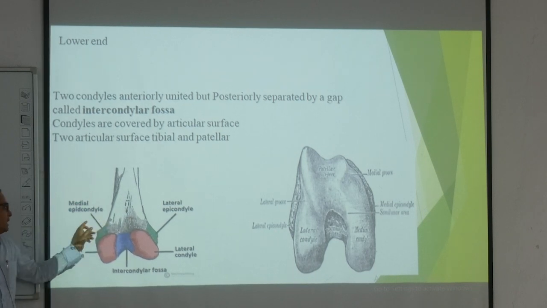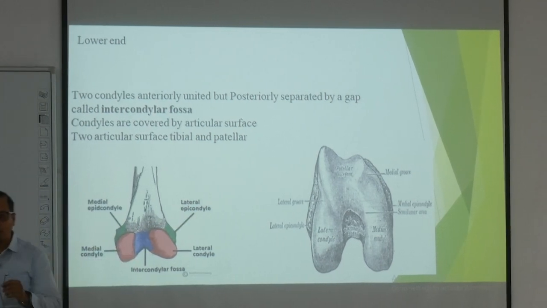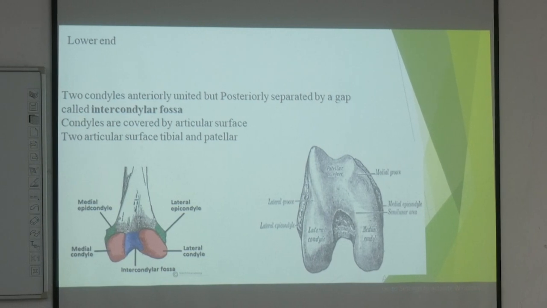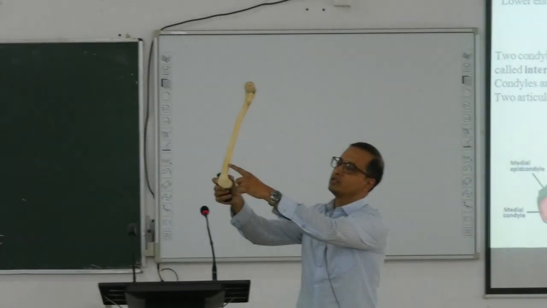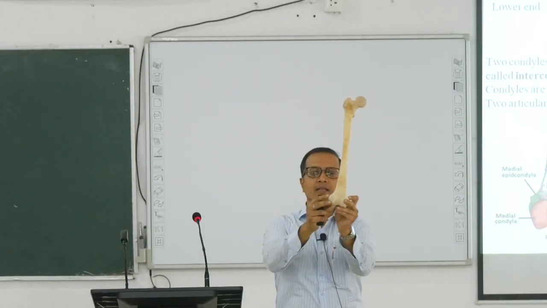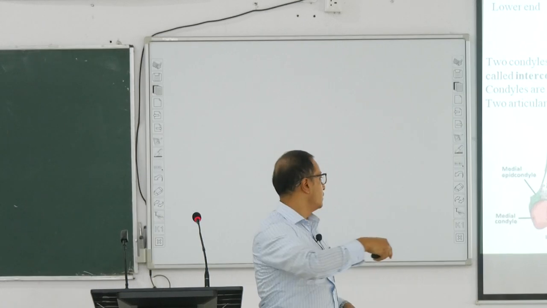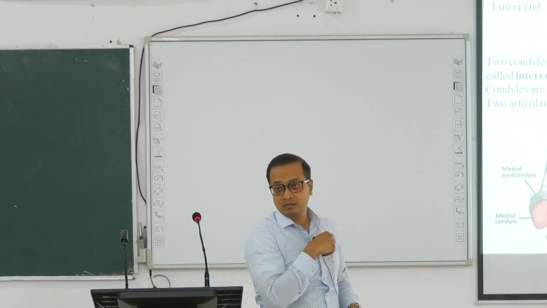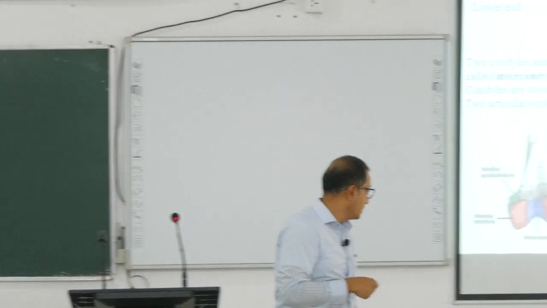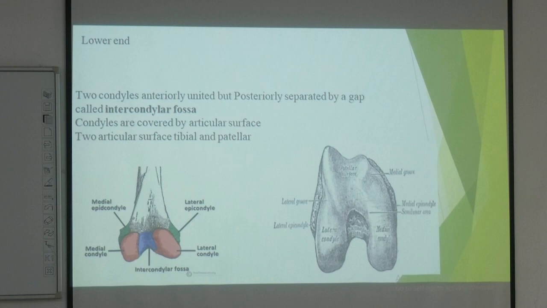We call them the medial epicondyle and the lateral epicondyle. On top of the condyles, where it is joining with the shaft, there is a small bump on the medial side, and likewise on the lateral side. These small bony bumps we call epicondyles. So these are the features present on the lower end.